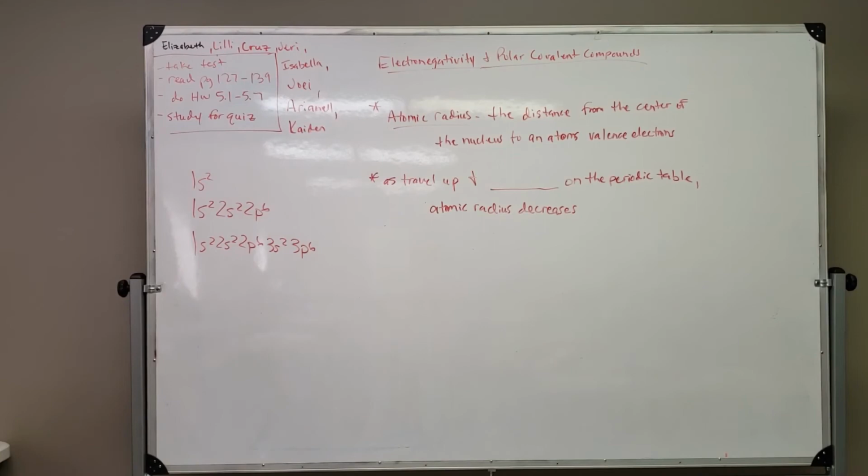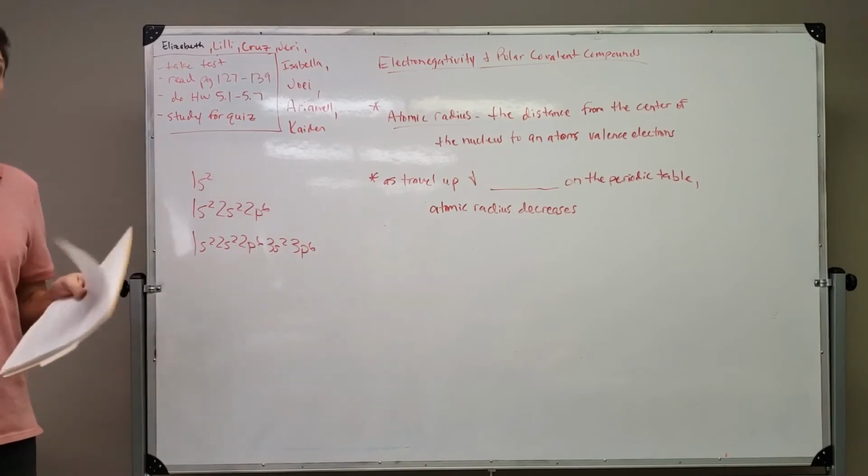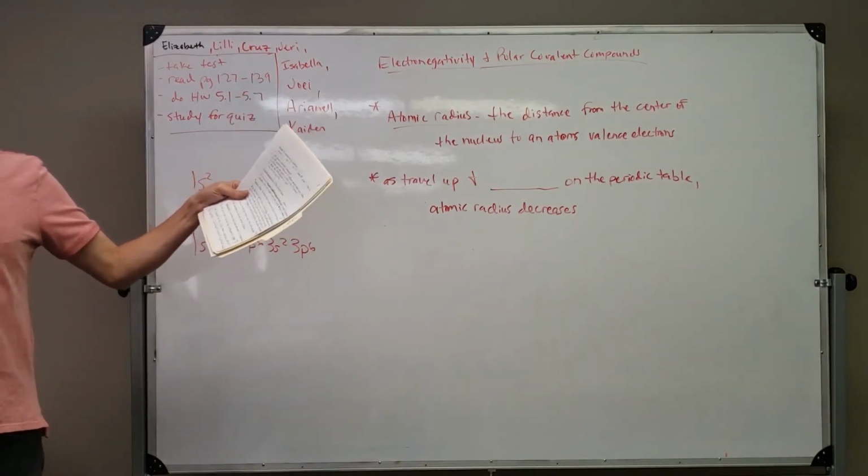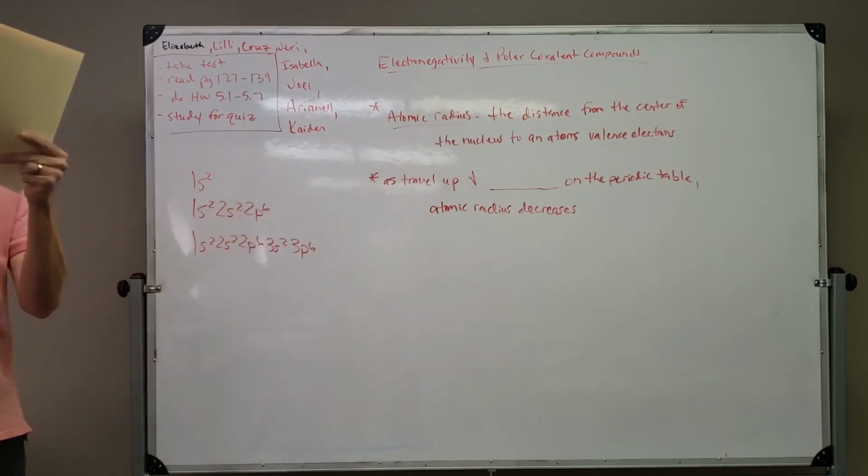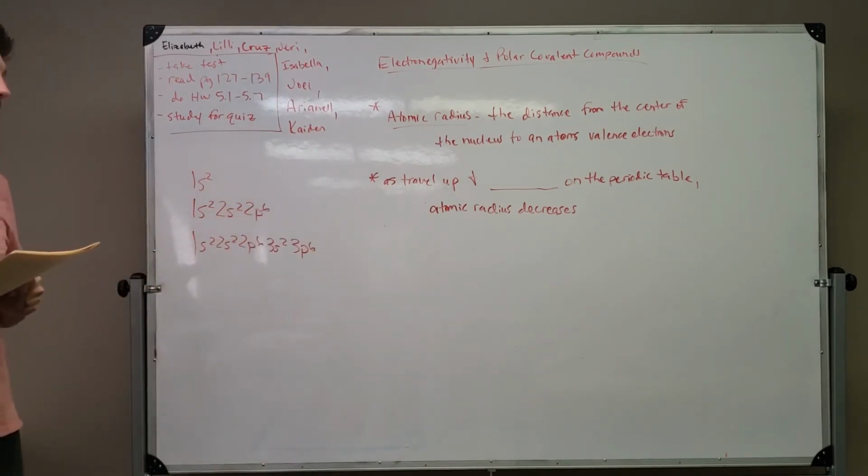That's just the reverse of what we said a minute ago. As you travel down, the atomic radius gets bigger, right? As you travel up in a single column on the periodic table, the atomic radius decreases.